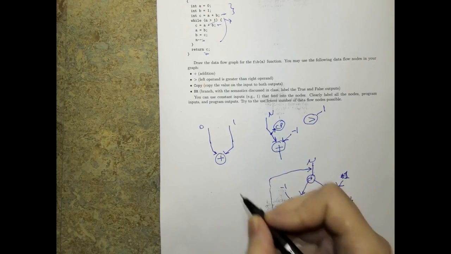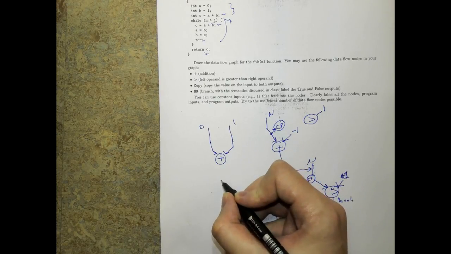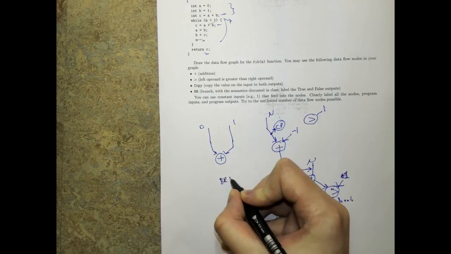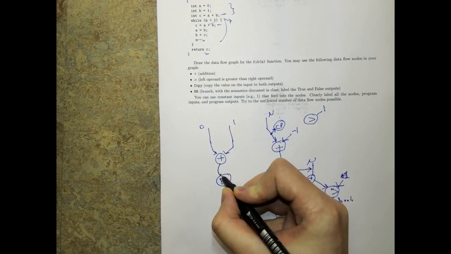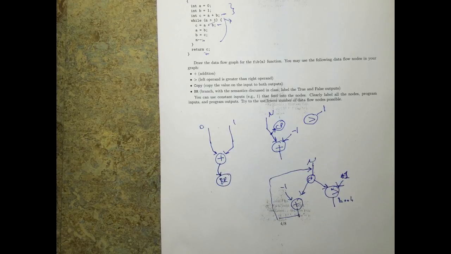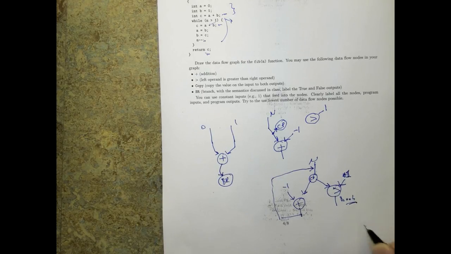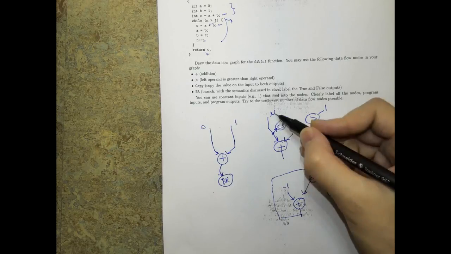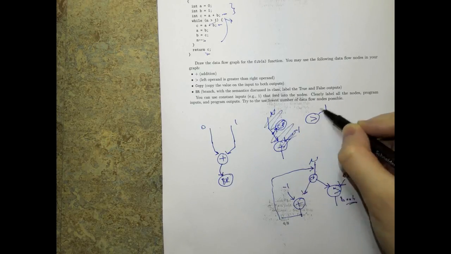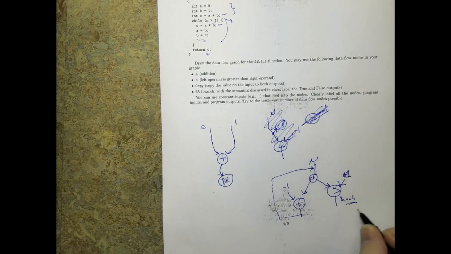So this branch takes the result of addition as one input, and as a control input, it gets this Boolean value. So this is not needed anymore. This was the old one. So I will label this as B. This Boolean value that is the output of this comparison node will be B.